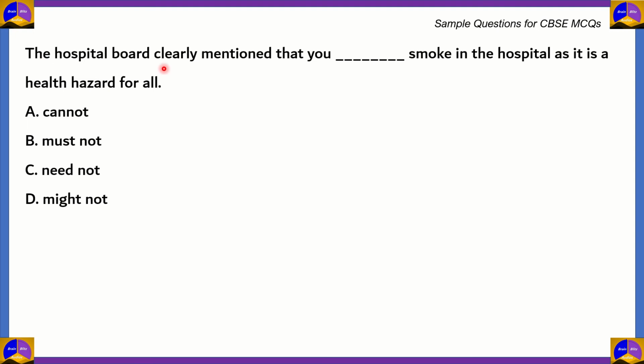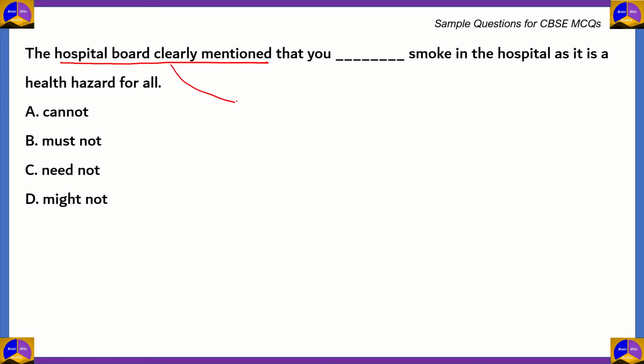The hospital board clearly mentioned that you dash smoke in the hospital as it is a health hazard for all. Cannot, must not, need not, might not. So, how do we solve this question? Well, you see that here the question is saying that the hospital board made a statement which says that you dash smoke in the hospital.